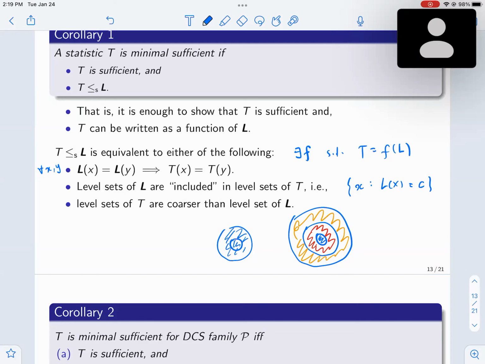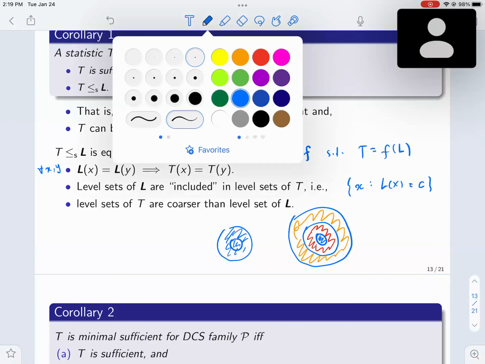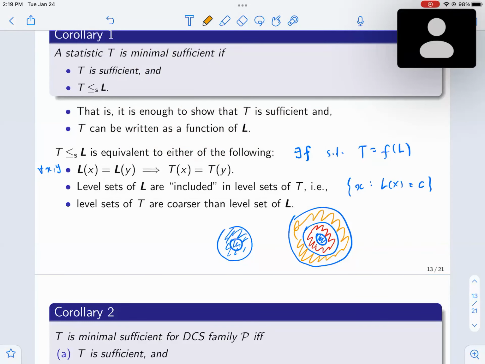So these would be one level set, and the other one would be separate. So this is the kind of picture. So it loses some information. That's sort of the idea, okay?